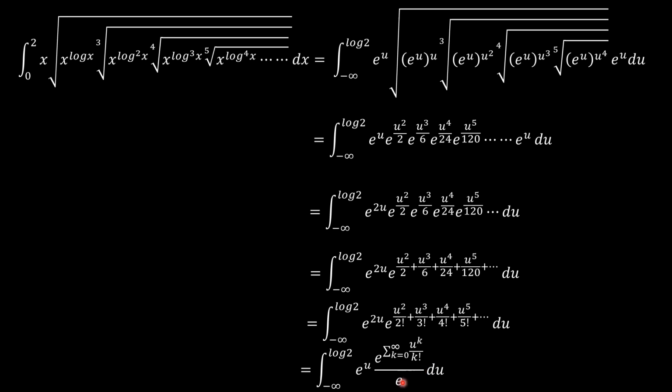We've included this e in the denominator because we've decided to add another e to the power 1 in the numerator to make this summation complete from k equals 0, so that we have e to the power 1.